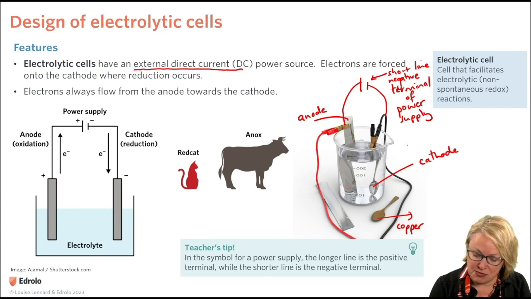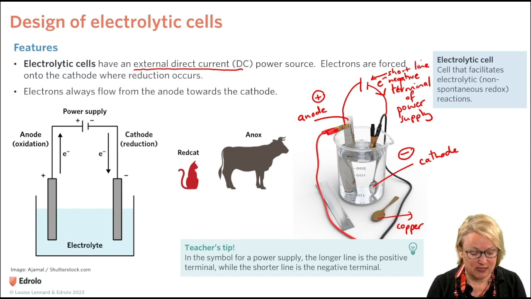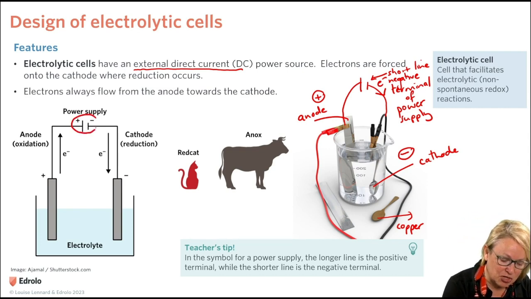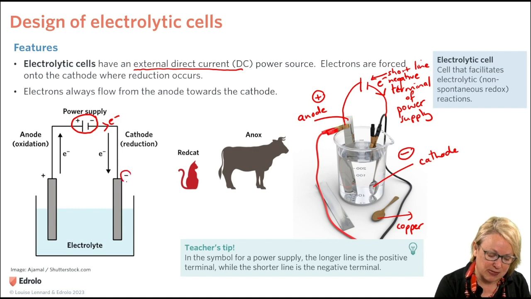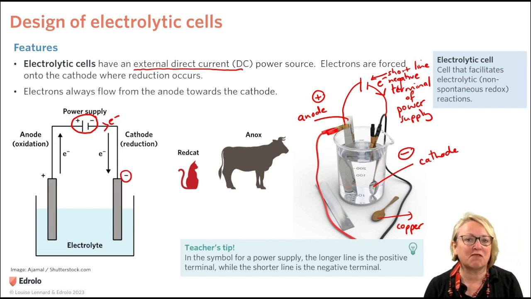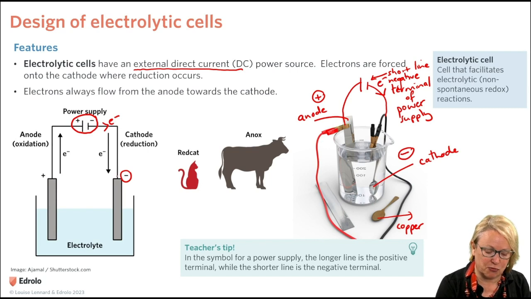At the cathode, we are forcing electrons from the power supply onto the cathode. So the cathode in an electrolytic cell has a negative charge, and the anode in an electrolytic cell has a positive charge. We are forcing electrons from the negative terminal onto the cathode, making the cathode have a negative polarity, and the electrons always flow from the anode through the power supply towards the cathode.